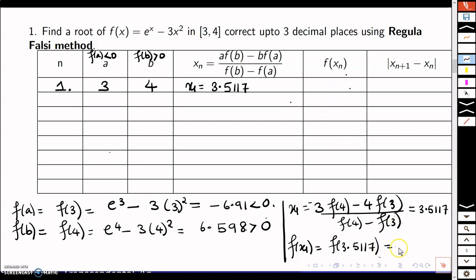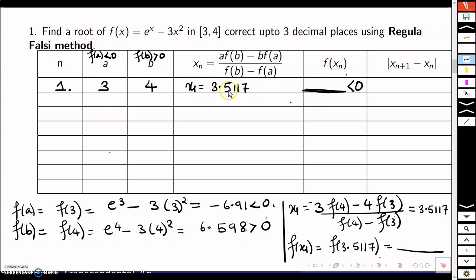I will leave this value as a blank here because I want you to work on this problem and find the value of f of 3.5117. You will enter it where I am leaving this blank line, and you will observe that this value is negative.